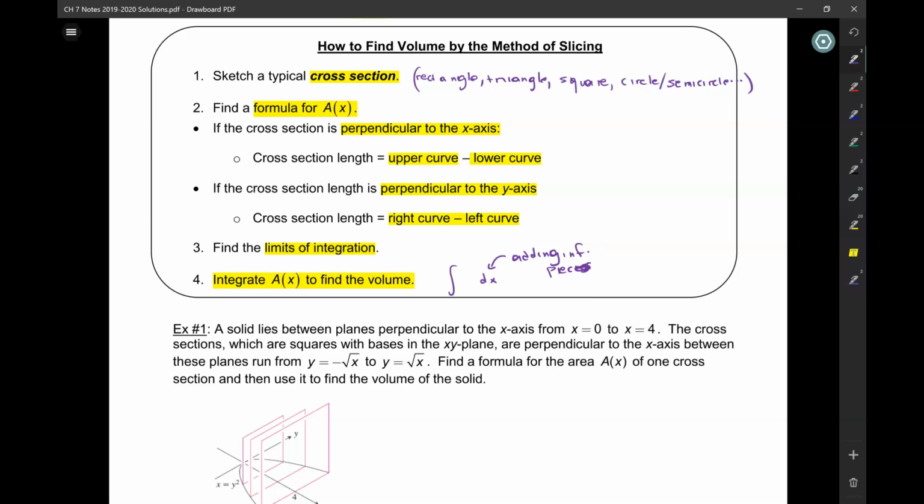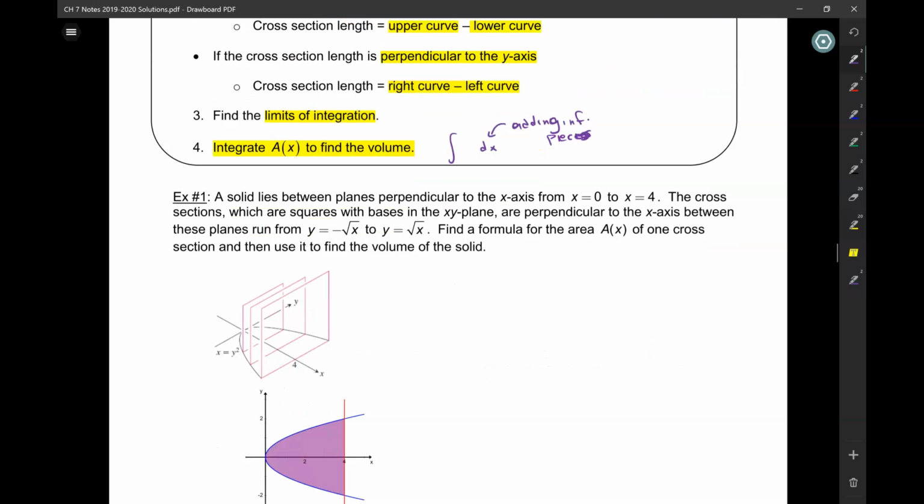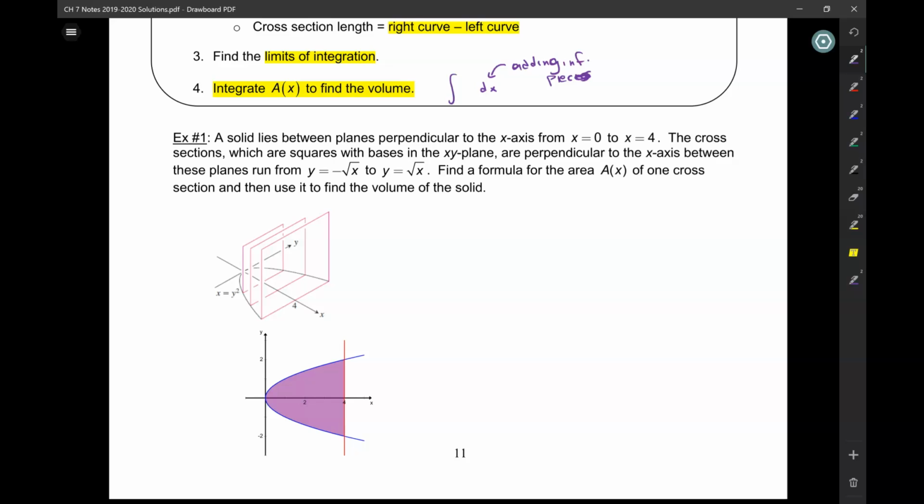And then if I integrate over the whole region, then I'm adding up all of the tiny little itty bitty volumes, and then I get the volume of the shape. The dx is the width, it's the depth. Like this way.